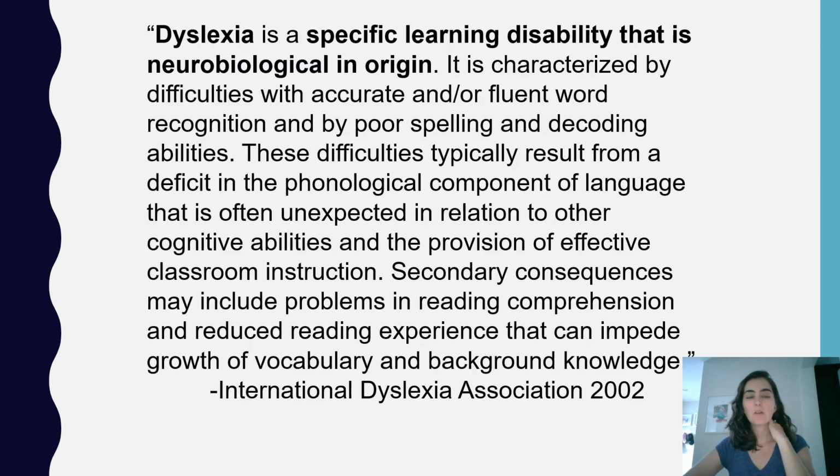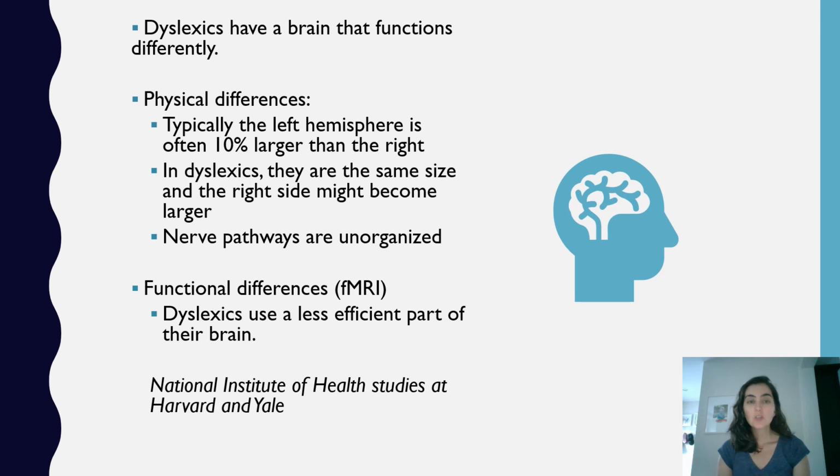Now let's talk about how dyslexia is a specific learning disability that is neurobiological in origin. So we know that dyslexia is neurobiological. That means we can trace it to a difference in the way the brain is wired or the way the brain functions.